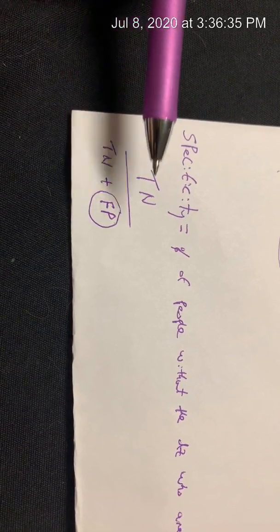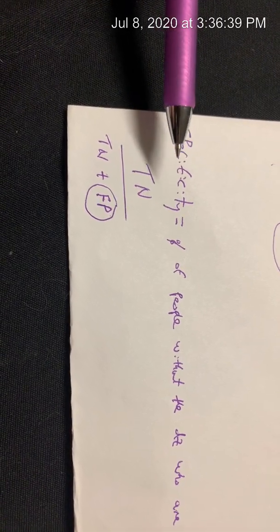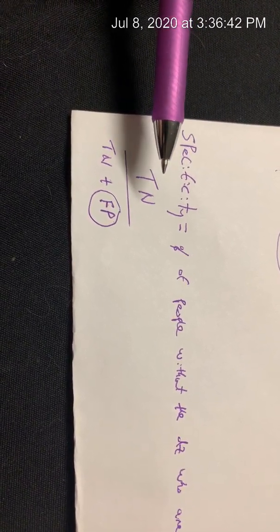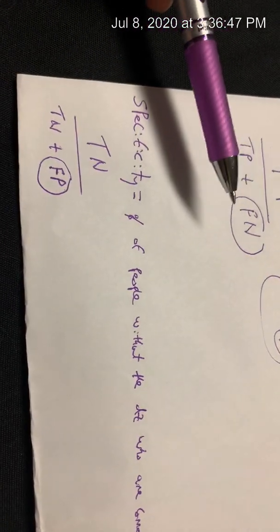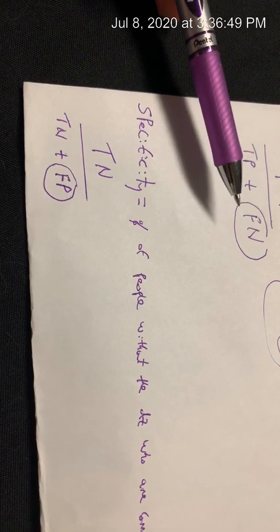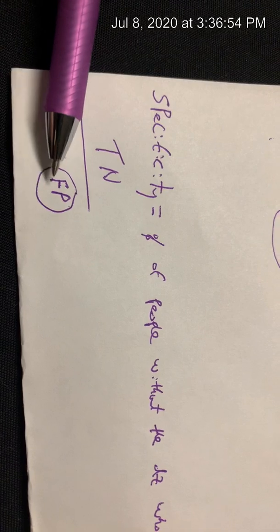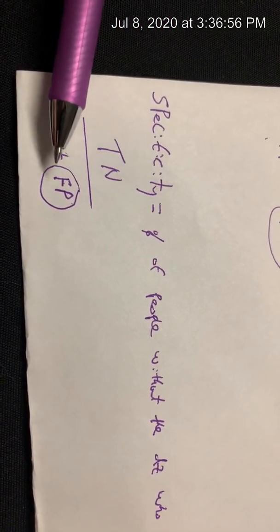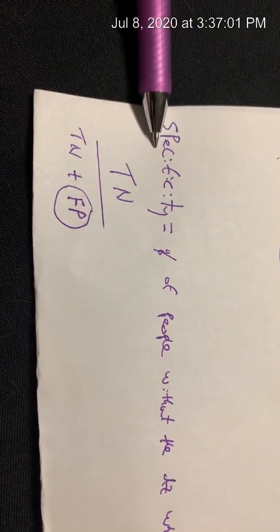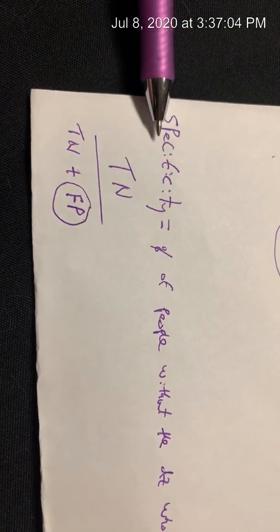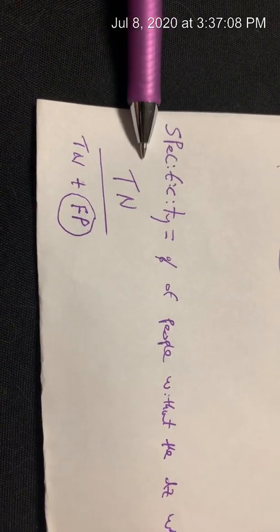Meaning that if you test negative, it doesn't mean that you don't have the disease, because the false negative rate could be very high, because this equation doesn't have a false negative rate. The false positive has to be low, meaning that if someone tests positive for this, the chances that they don't have the disease is very slim, which means it is a great test to confirm a diagnosis.